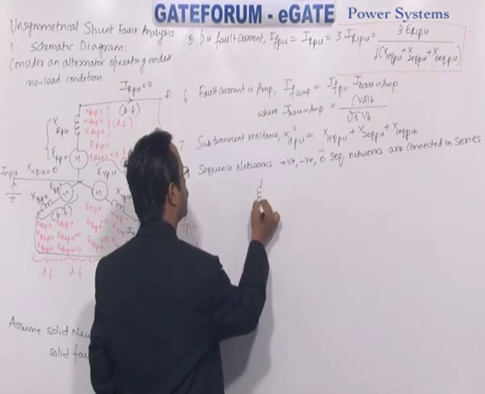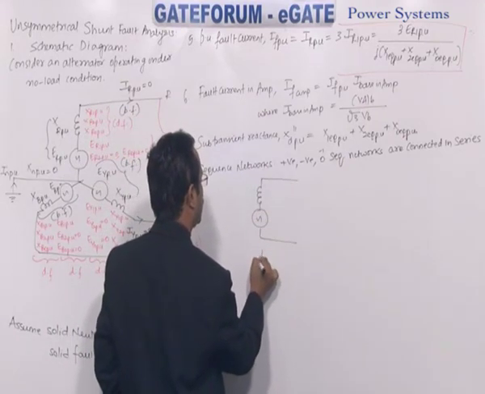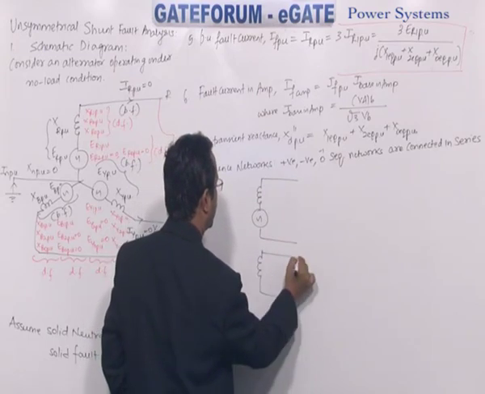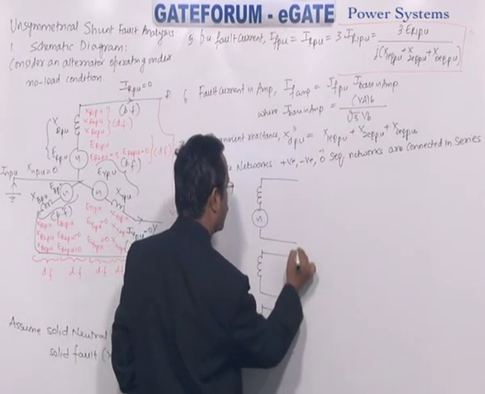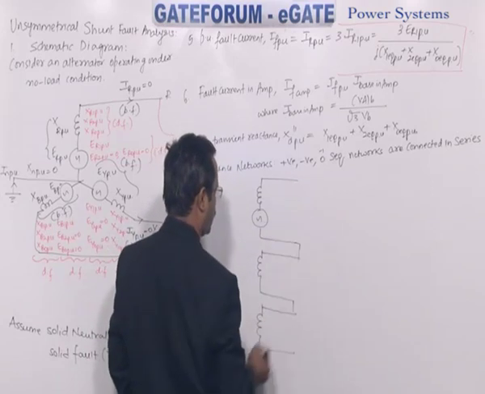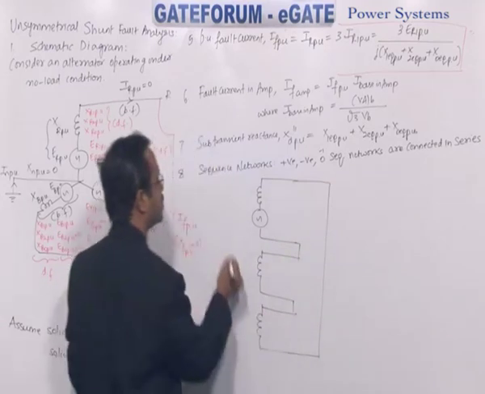So first represent the positive sequence, followed by the negative and followed by zero. So all these three are connected in series.